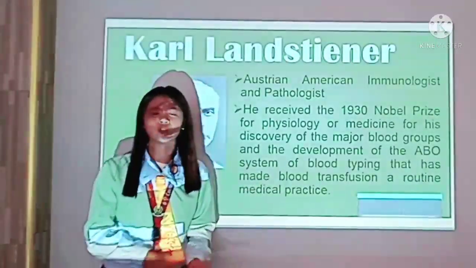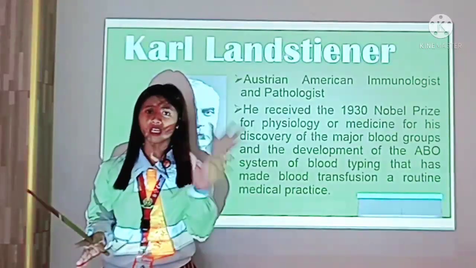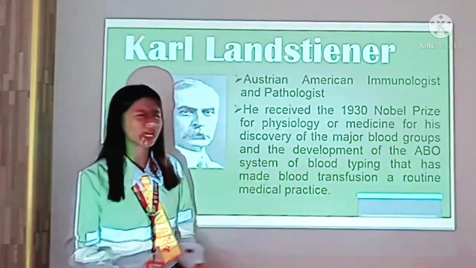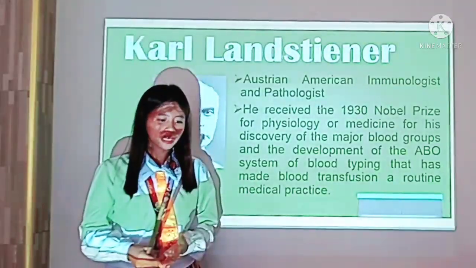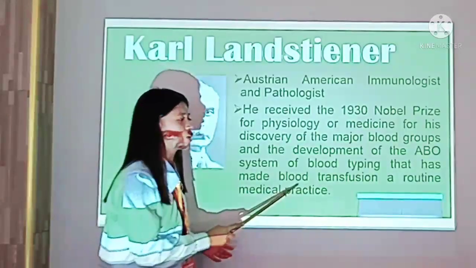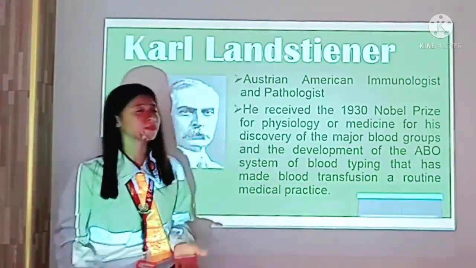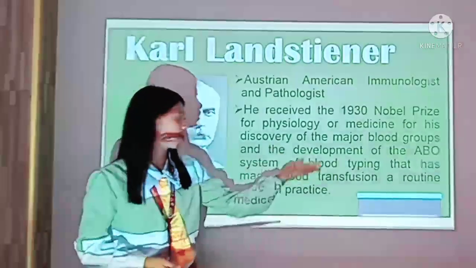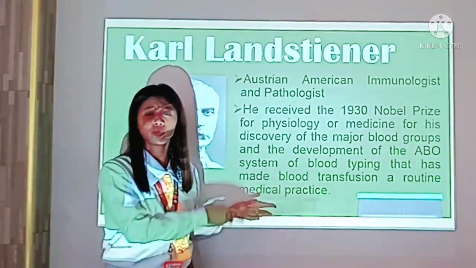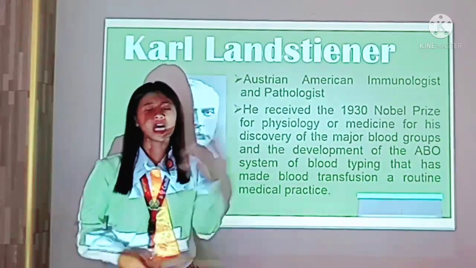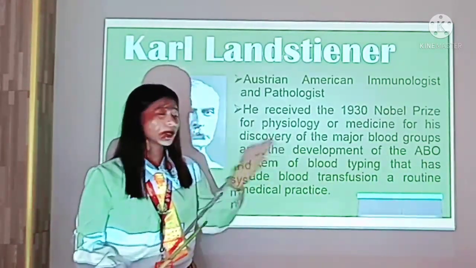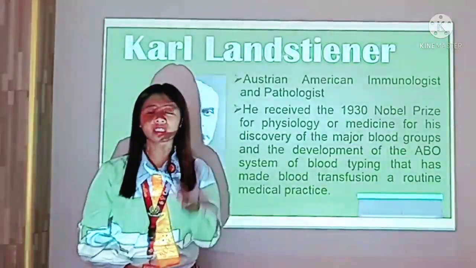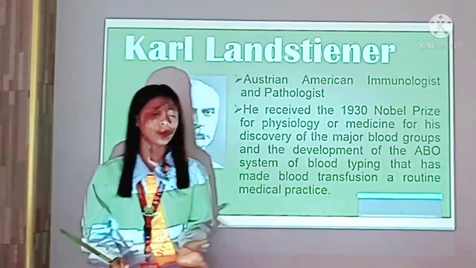dati kasi in the past wala kang blood transfusion. That is why maraming namamatay na mga tao dati kasi nga hindi pa na-invento, wala pang nakapagpatunay na pwede pala yung blood transfusion until such time that Karl Landsteiner studied the ABO blood system, wherein siya yung proponent niyan, okay? Matatawag din natin siyang father of ABO system because he is the one who discovered the different blood types of every people.